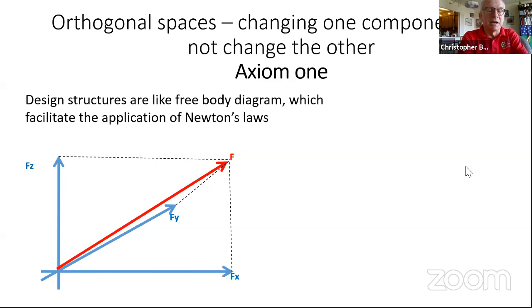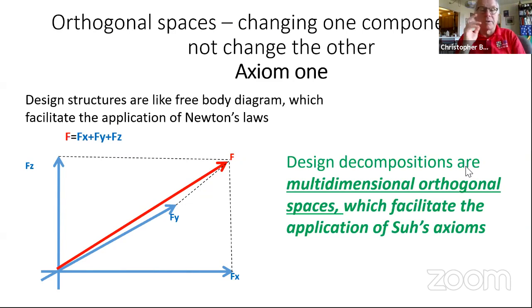These facilitate applying Newton's laws. Without the free body diagram, we would be having some difficulties. So the design decomposition is essentially the same sort of multidimensional orthogonal space that we have in conventional mechanics. And these multidimensional orthogonal spaces facilitate applying Suh's axioms.